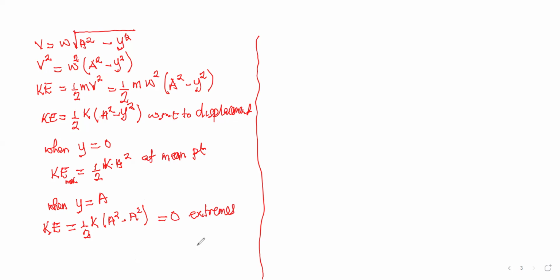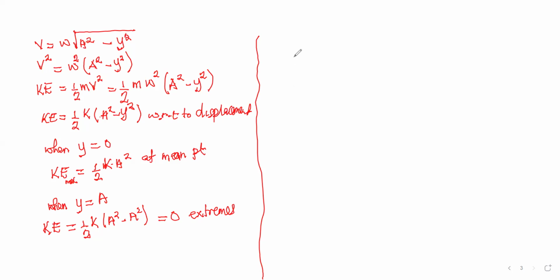Okay. What about potential energy? We are saying that the potential energy possessed is by virtue of its position. Position is displacement.